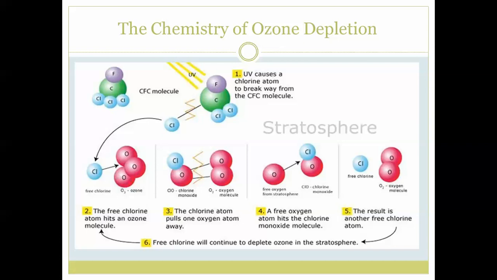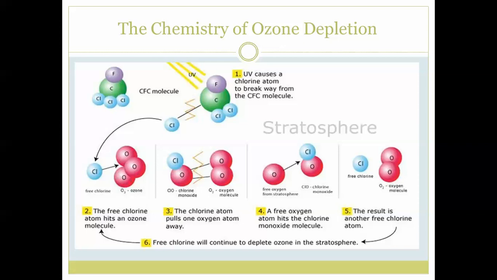Now, we know based on the previous slide, an oxygen atom that goes away from the O3 is supposed to go through this whole big interconversion cyclical process of hooking back up with another O2 in order to be able to recycle the ozone based on the absorption of UV rays. But what we've got now is a chlorine atom pulling an oxygen atom away.